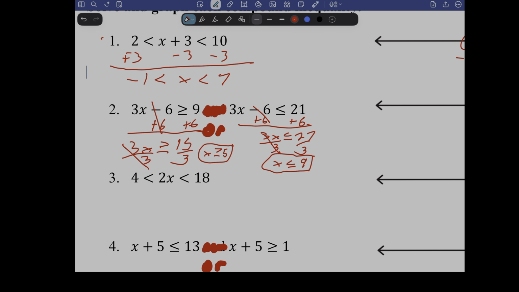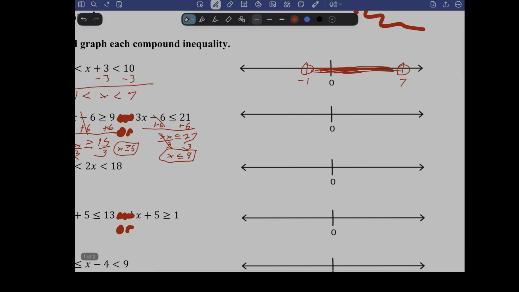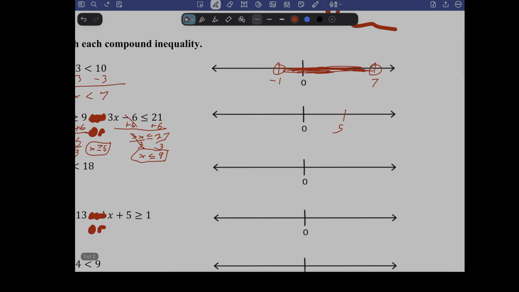Usually when you do these problems, the way they're going to come out is kind of on both the extremes. So on this one, I'll start with x is greater than or equal to 5. I'm going to write a 5 right about here, and because it's greater than or equal, I'm going to draw a dot, and it's going to go greater than. Then on the other one, x is less than or equal to 9.